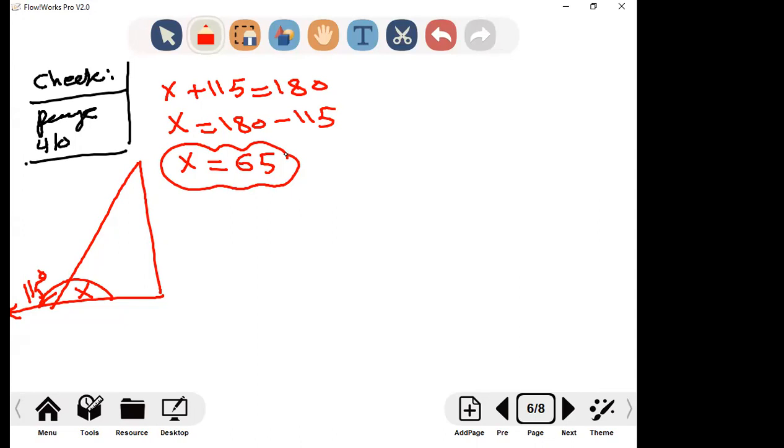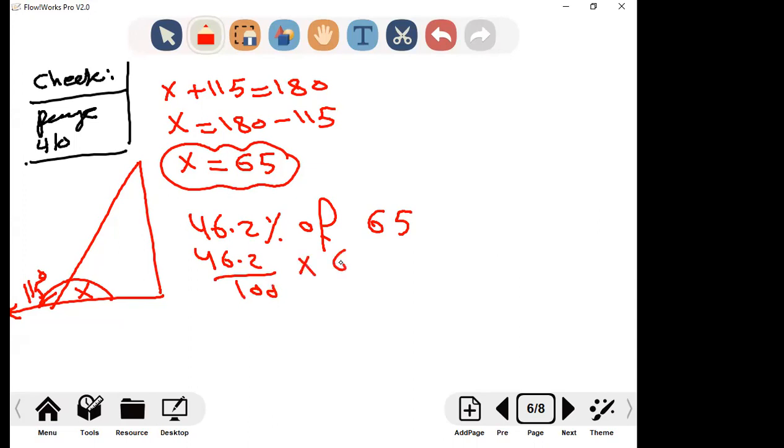So I want to find the 46.2% of X, which is how much? How do we find this percent of this number? Divide by 100. The "of" is multiply, and the number itself over 1. Multiply up, multiply down, and let's find the answer.